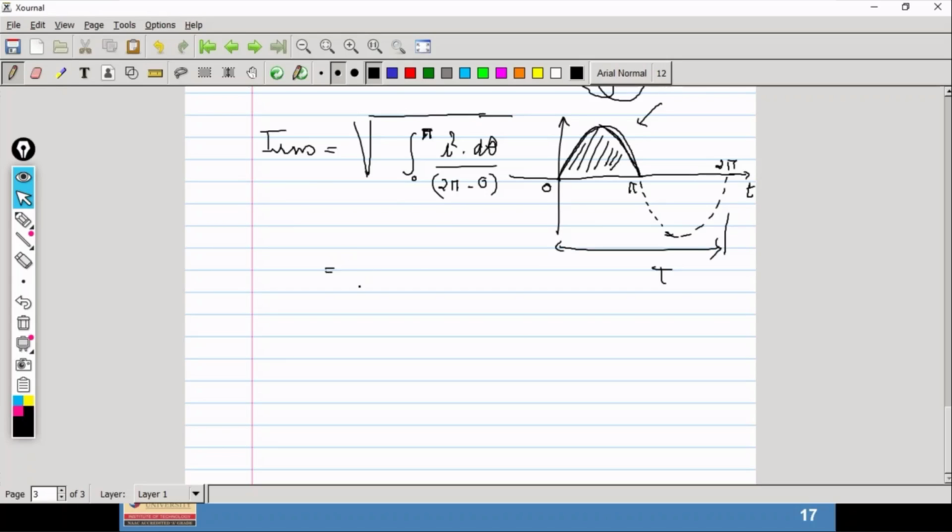So here if we solve this again, fine. So by keeping the value of I here, we can write this expression Im square into sine square theta into d theta upon 2 pi.